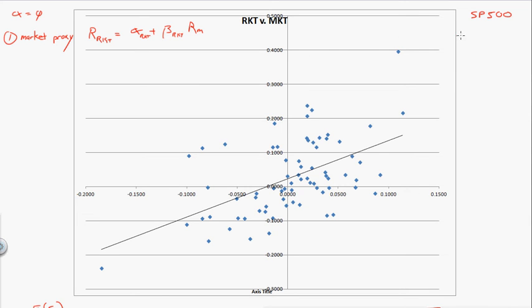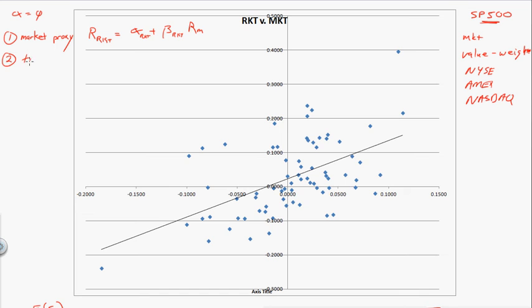In this particular case, my market in this example is the value-weighted return on every stock on the New York Stock Exchange, the Amex, and the NASDAQ. Is that the right market index? I'm not really sure. If you ran the same numbers but used the S&P 500, you would get something different. I can't tell you which one is right.